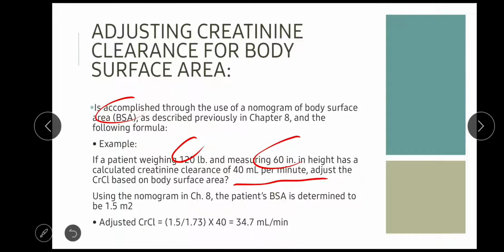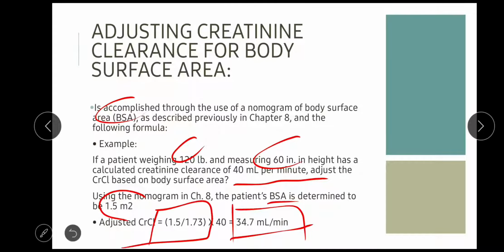The patient's BSA is determined to be 1.5, to be adjusted 1.5 over 1.73 times 40, 34.7 ml per minute. So, ito yung sa BSA natin, yung 1.5 over 1.73. 40 natin, yun yung 40 ml per minute.